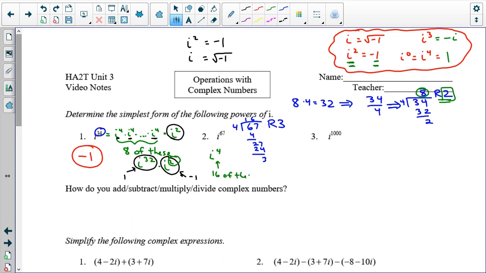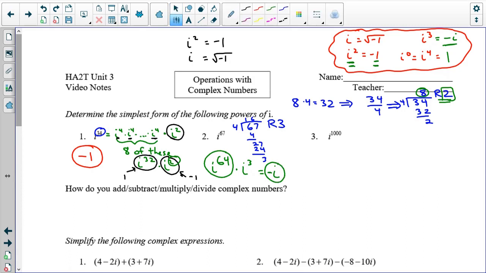So I have 16 of these, which is the same thing as saying i to the 64th. And then I have times i to the third. Well, i to the 64th I know is 1. So now i to the third is negative i. So my final answer here is negative i.